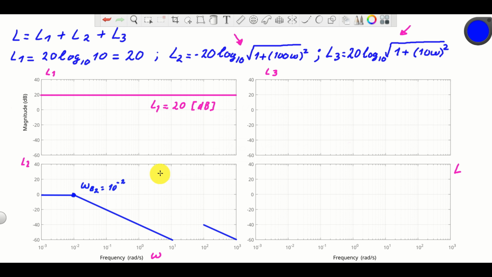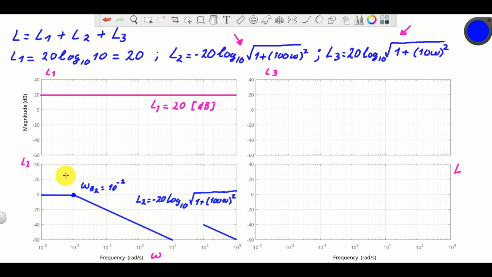Now, over here I will type the analytical form of L2. L2 is minus 20 log with the base of 10 square root of 1 plus 100 omega squared. And that's it. Now, this is the asymptotic approximation of L2.